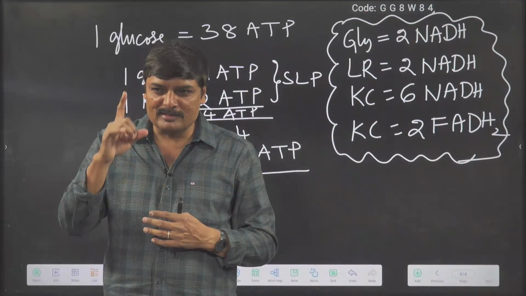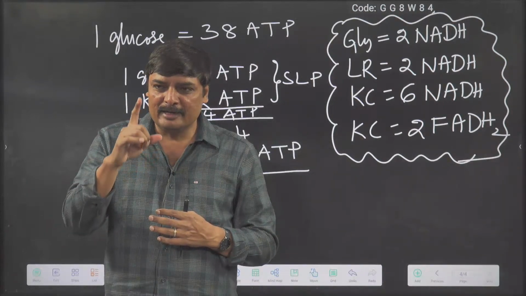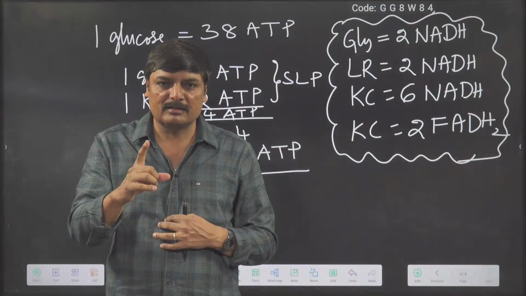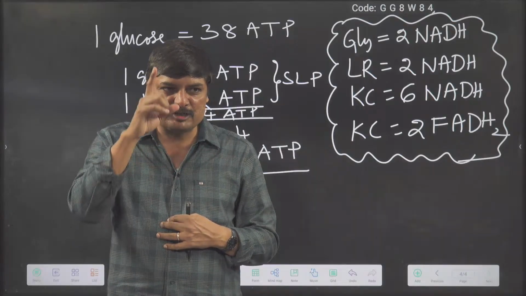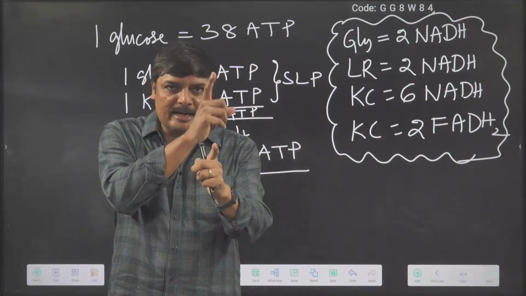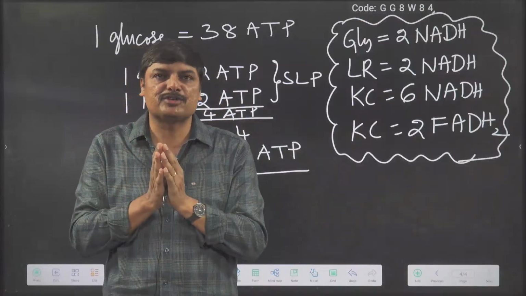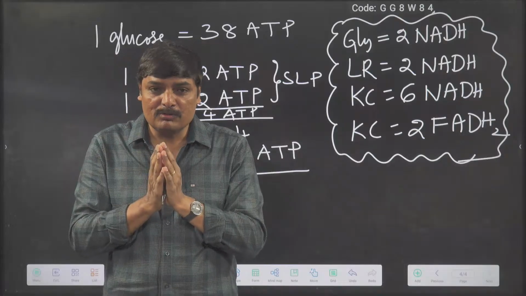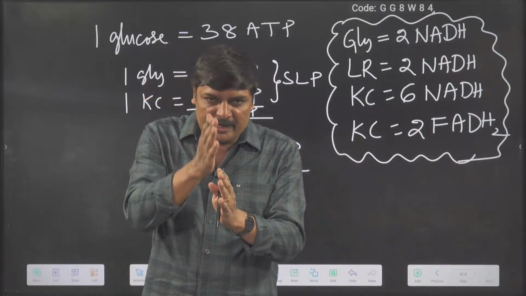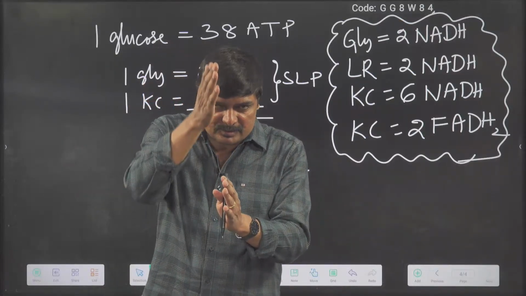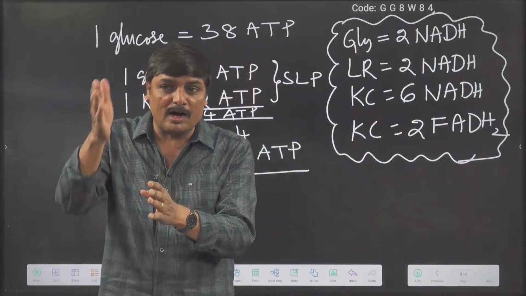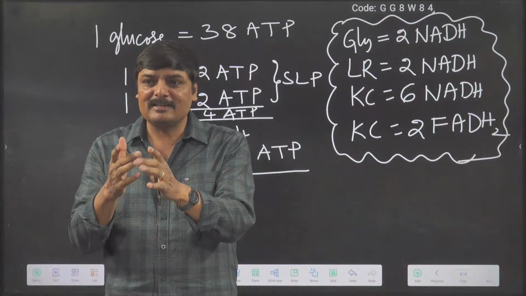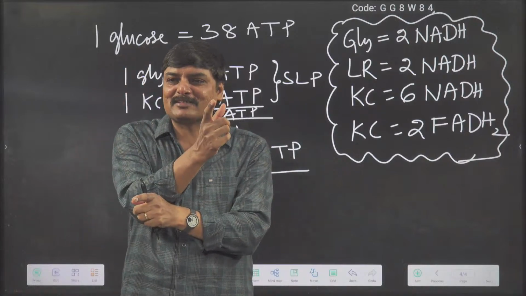So I will tell you once again, in glycolysis, in Krebs cycle, in link reaction, NADH and FADH are formed. That means NAD plus is reduced into NADH, FAD is reduced into FADH. Now, these NADH, FADH formed in these steps now undergo oxidation in the ETS. As a result, again it becomes NAD plus.